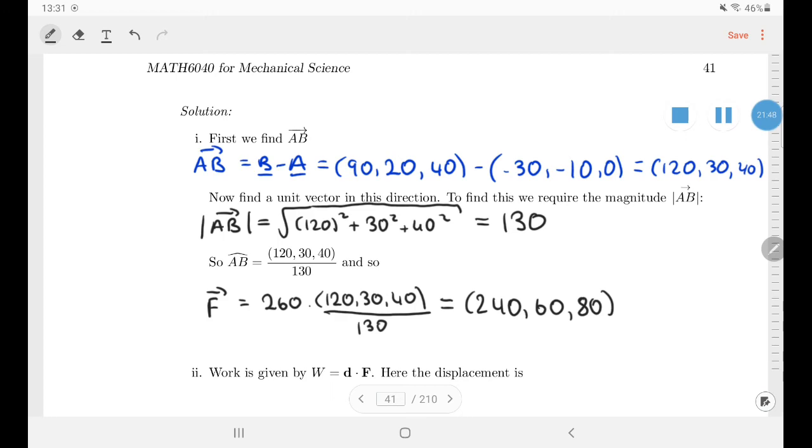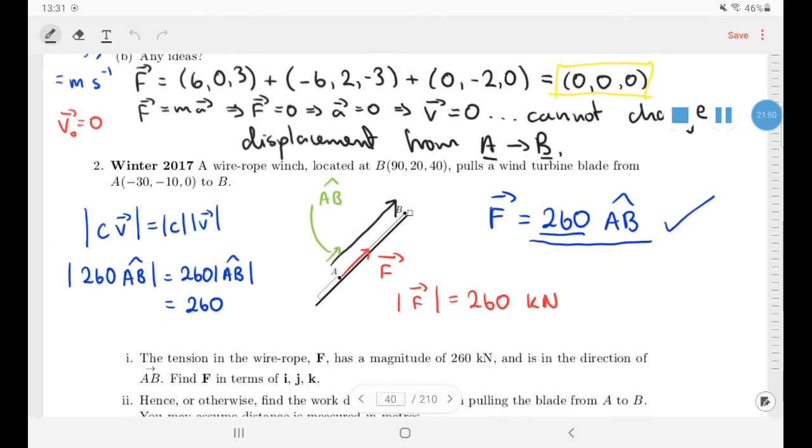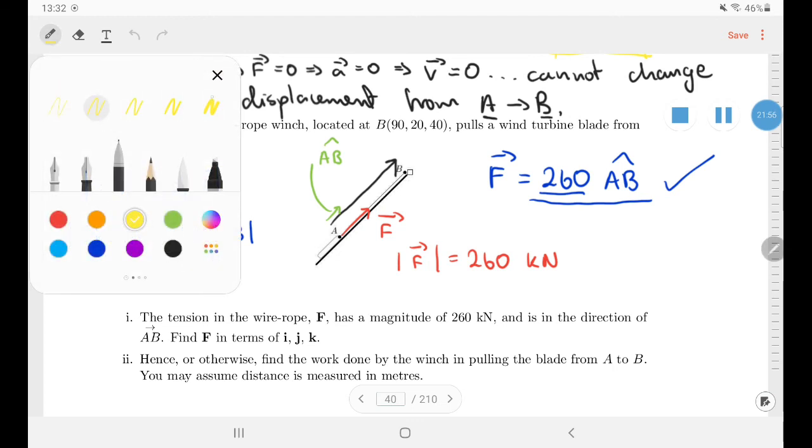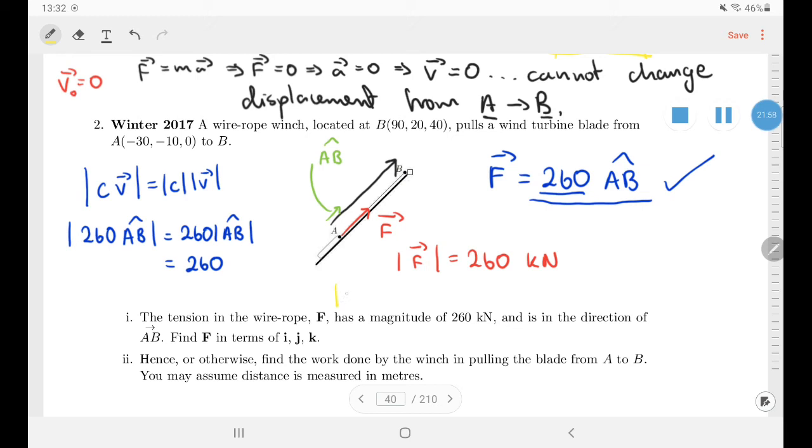There is another way of doing that. Once you recognize that the magnitude of AB is 130, you might see the relationship between 130 and 260.